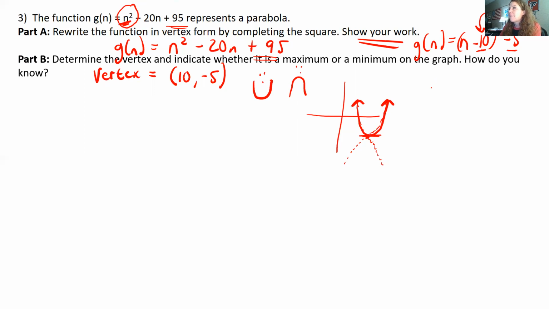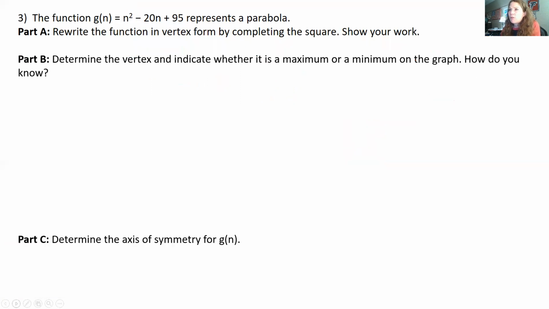So this represents a minimum. And how do I know? Well, I just explained it to you. Or I could say because the leading coefficient is a positive number. That's what I would write to prove my answer is true on a test. Okay? All righty.